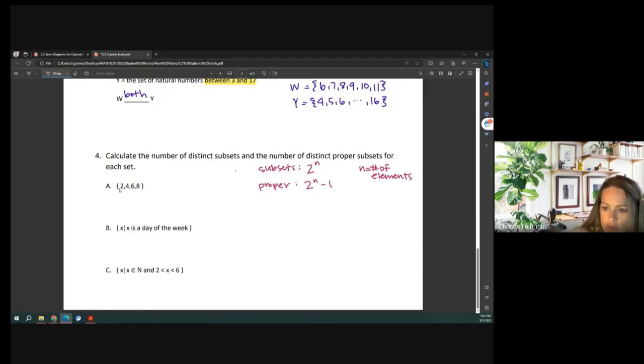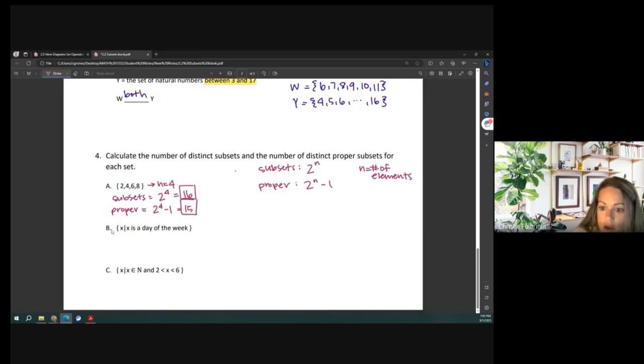So on A, we have the set 2, 4, 6, 8. So n equals 4. So for subsets, we have 2 to the 4th, which gives us 16. For the proper subsets, we have 2 to the 4th minus 1, which gives us 15.